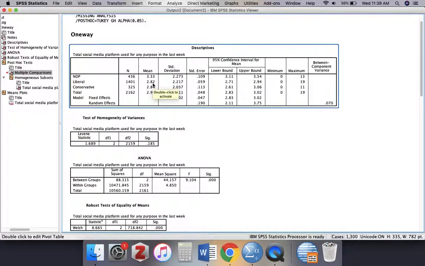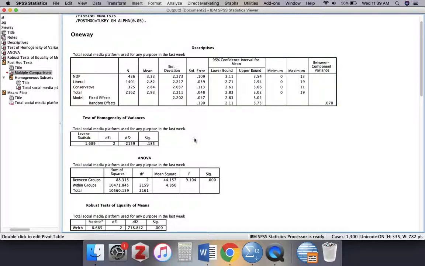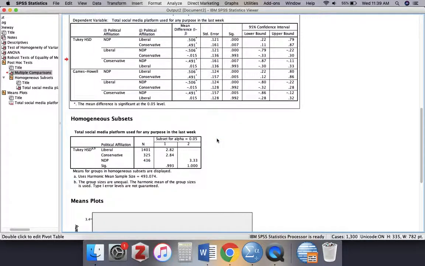So the liberal mean 2.82 minus 2.84 is getting you that negative 0.02 difference, okay? And it's saying that these two means aren't very different from each other, and we can see that they're very, very close. So they actually consume the same amount of social media on a weekly basis, okay? So there's no difference between those two groups.